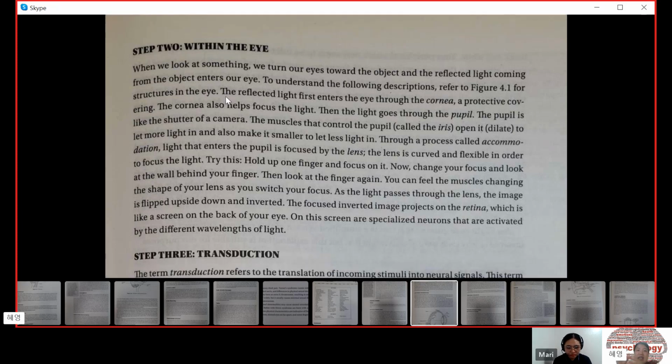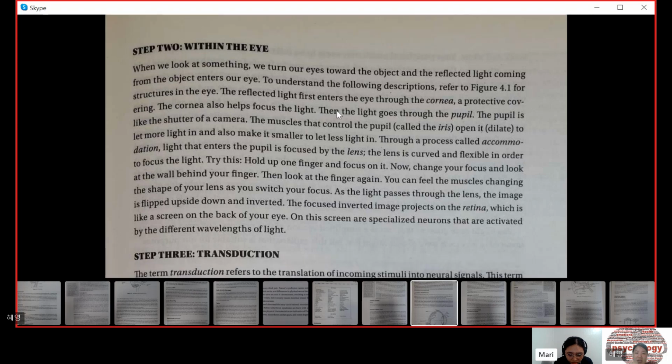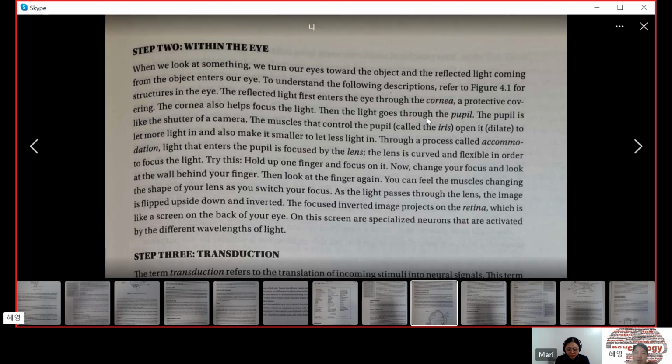The reflected light first enters the eye through the cornea, a protective covering. The cornea also helps focus the light. Then the light goes through the pupil.